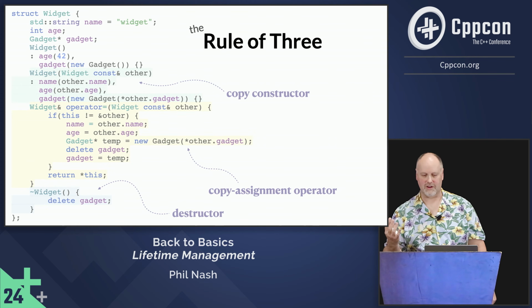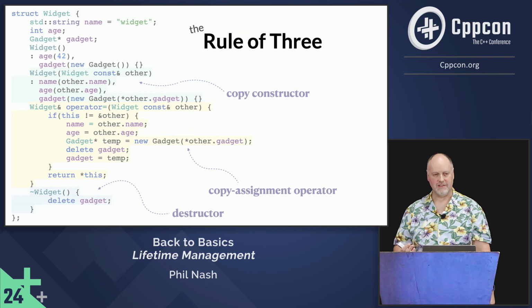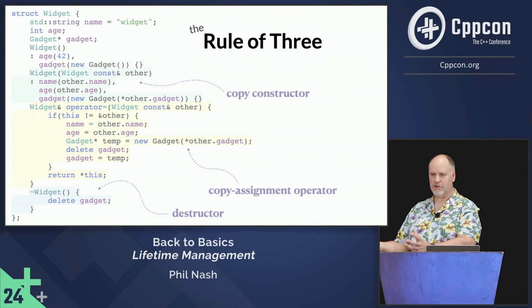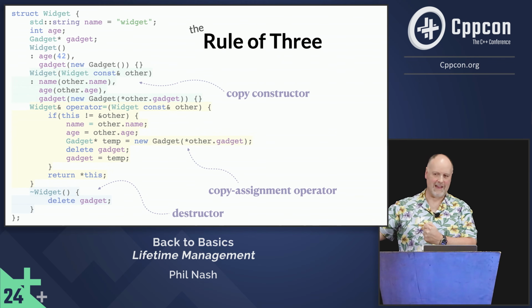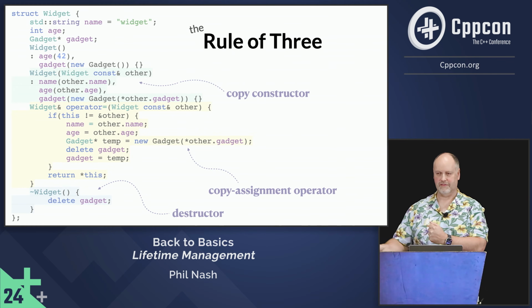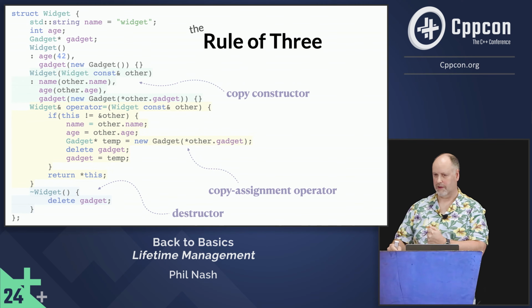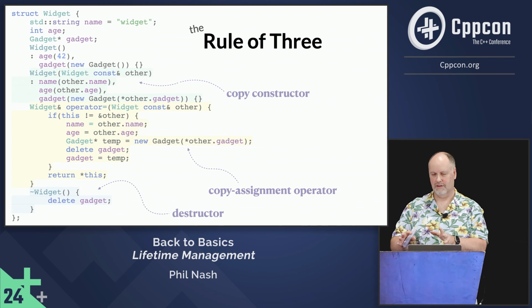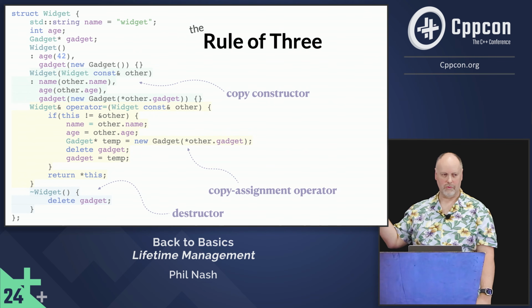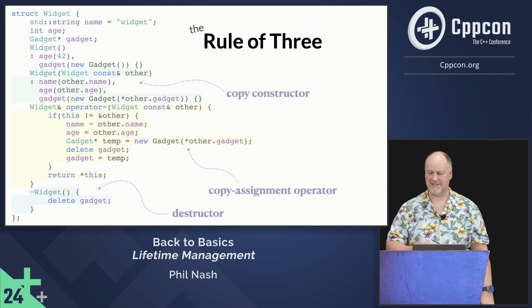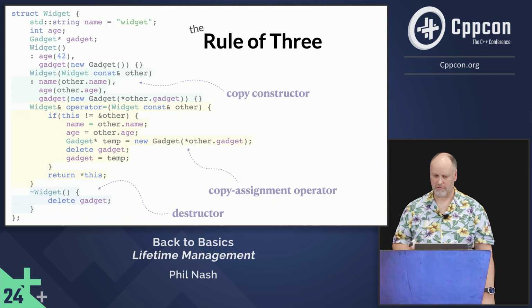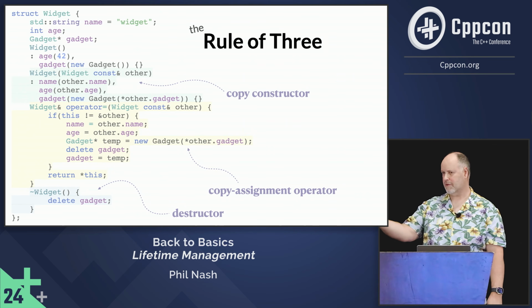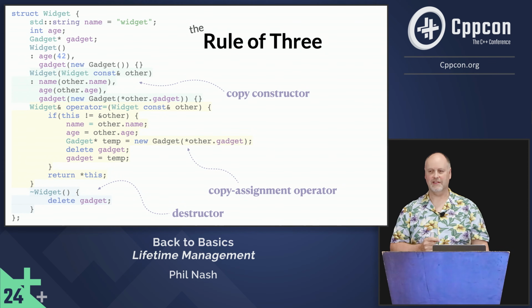So one of the guidelines that's going to make it easier navigating this is whenever you're managing a resource, if you need any one of those special member functions, then you probably need all three. There are some exceptions. It's a guideline, even though it's called a rule. But follow the rule of three. Now, there may be some of you thinking, oh, the rule of three, that's outdated.